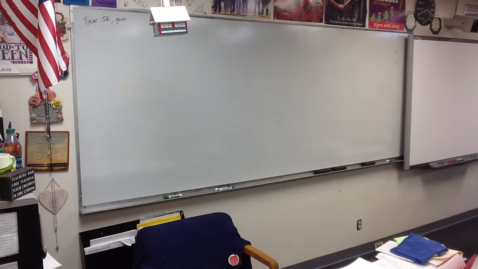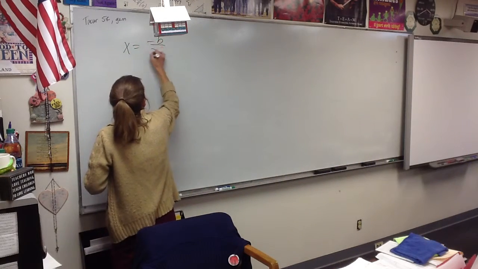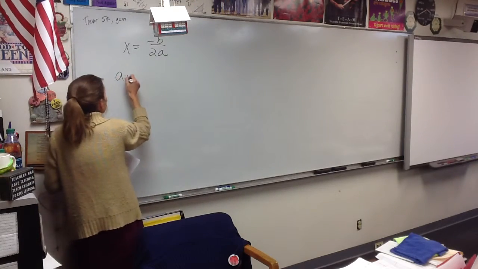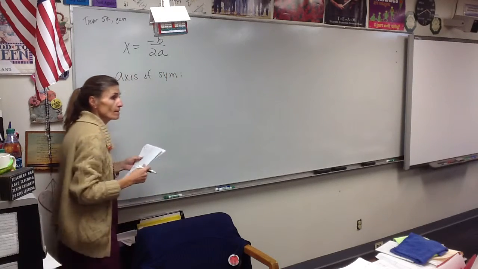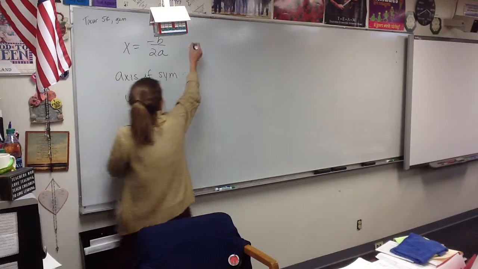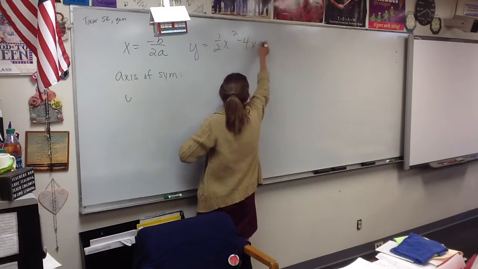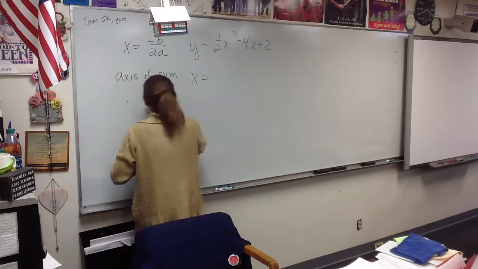Now, here's the good news, folks. You get to pick. And the easiest way for most of us is this little formula that gives me the axis of symmetry. So in my problem, what is my B value?